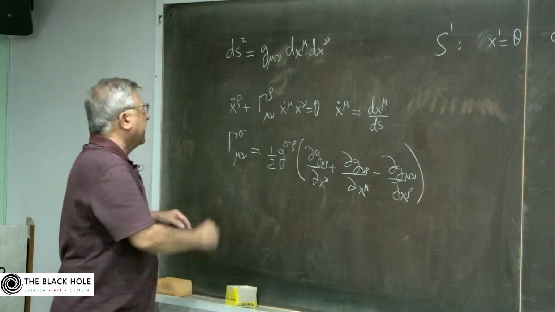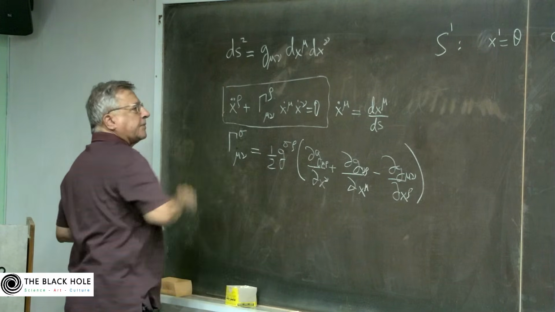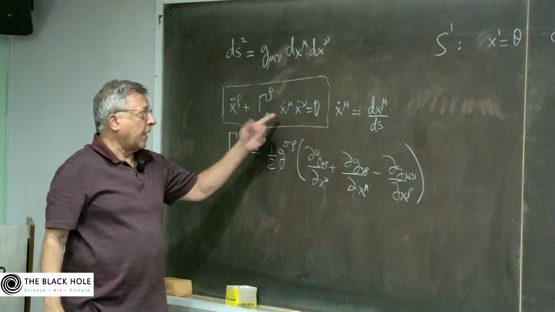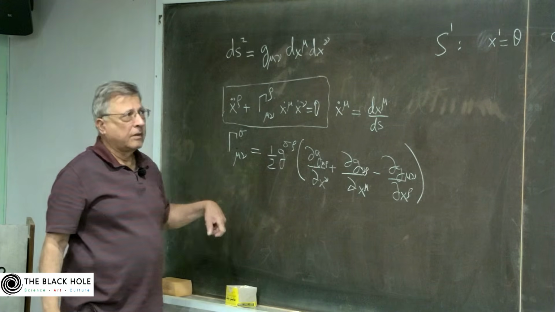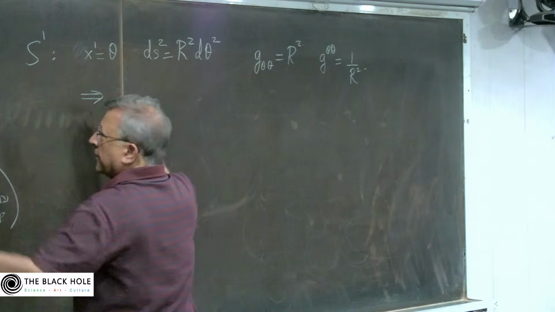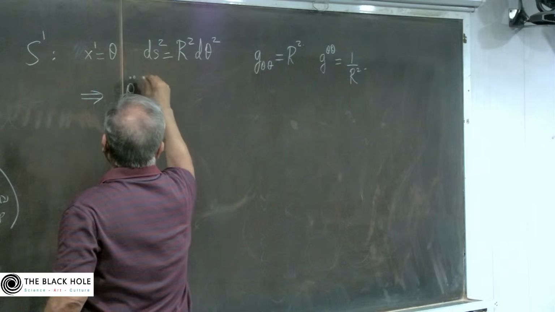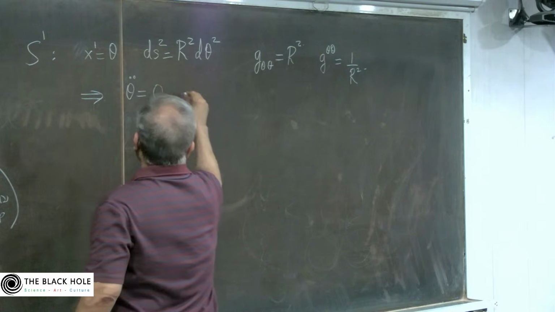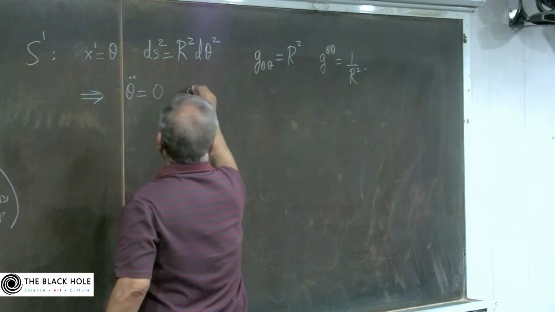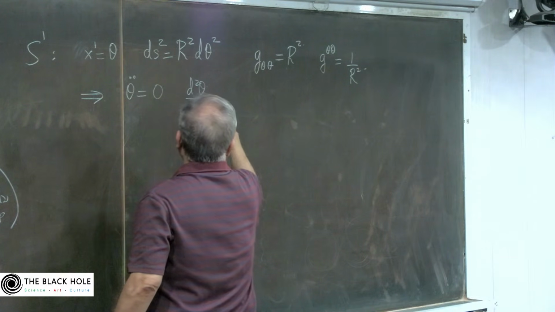That's the equation. And so what does that say? So the geodesic equation is theta double dot is equal to 0. In other words, d2 theta by, let's say, ds squared.